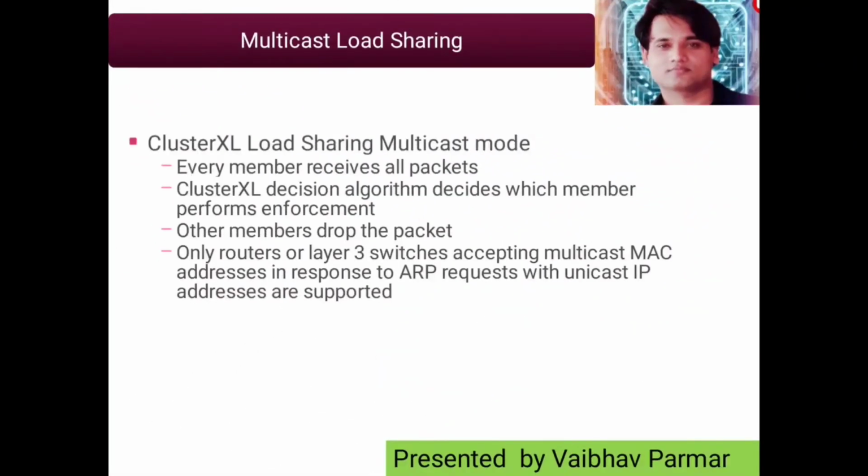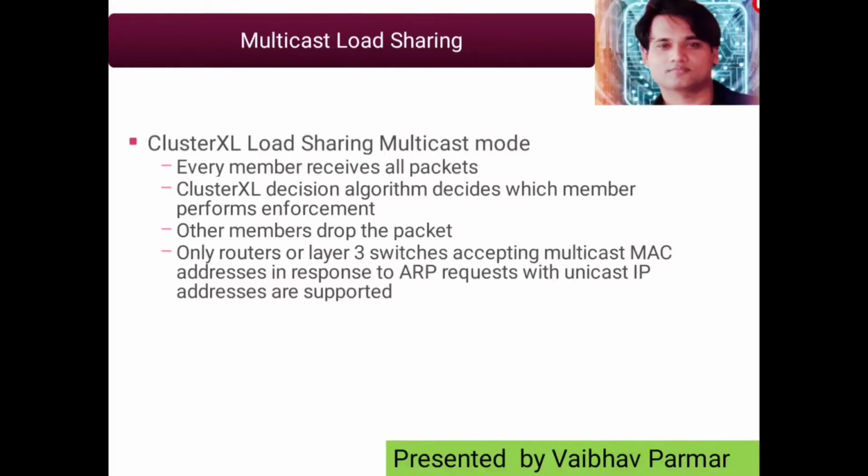Now let's understand multicast load sharing. In ClusterXL load sharing multicast mode, every member of the cluster receives all of the packets sent to the cluster IP address. When a router or layer 3 switch forwards a packet to all of the cluster members using multicast, a ClusterXL decision algorithm on all cluster members decides which cluster member should perform enforcement processing on the packet.